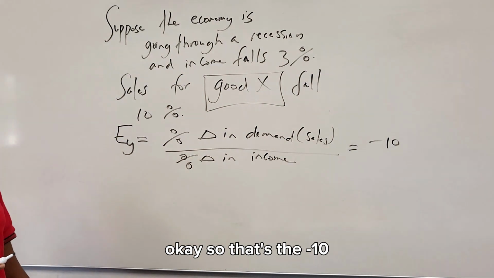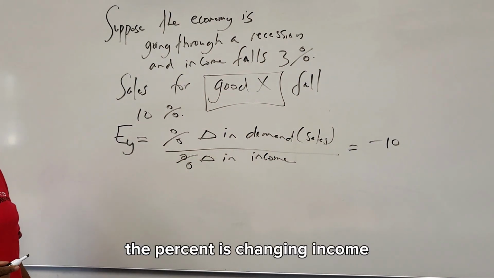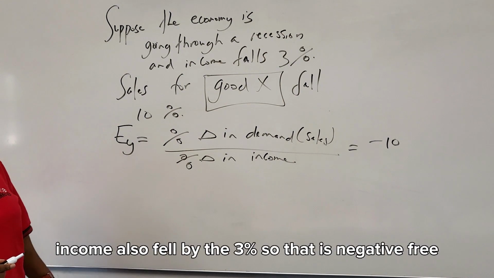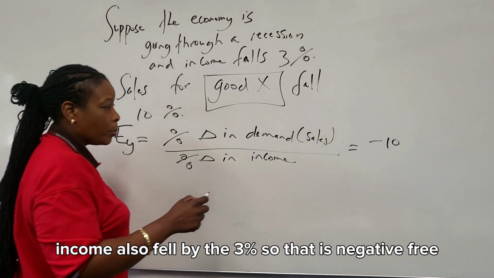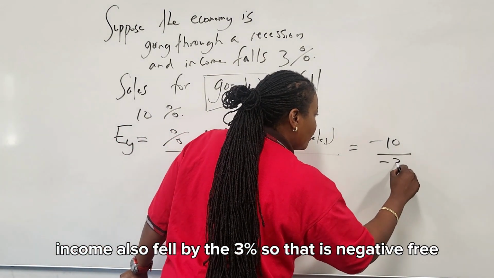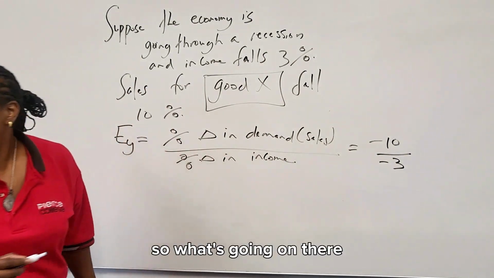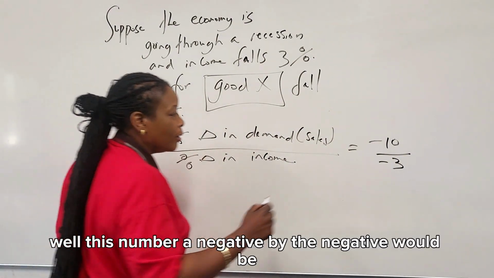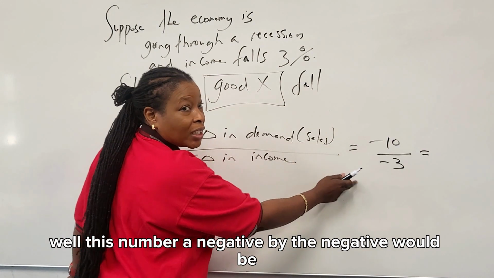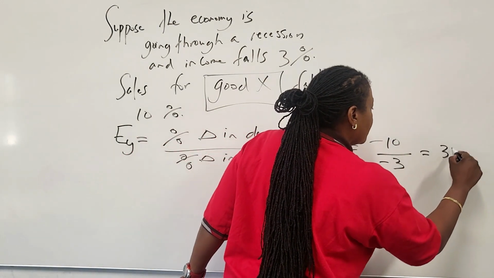So that's the negative 10. The percentage change in income: what happened to income? Income also fell by 3%. So that is negative 3. So what's going on there? Well, this number, a negative and a negative, would be positive.